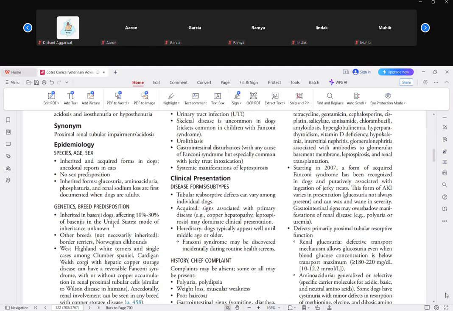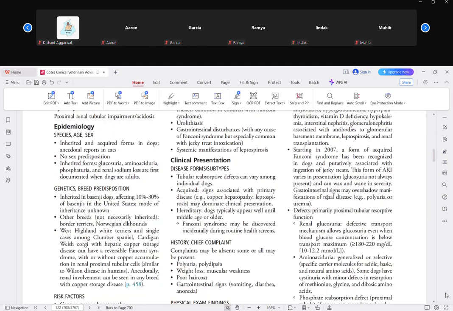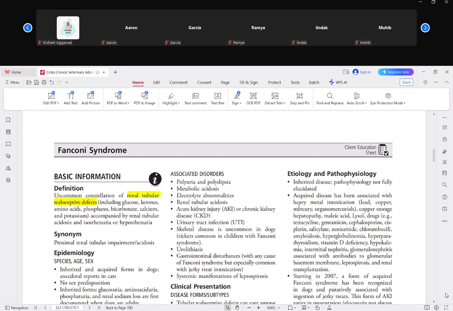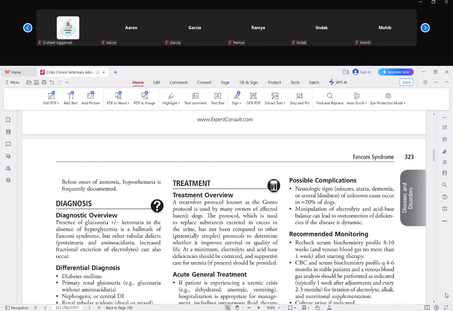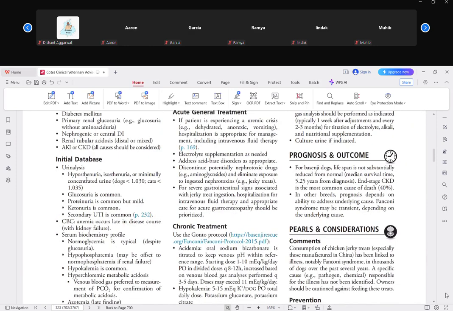Just remember how you diagnose it. You are going to find glucose in the urine, while the glucose value in the body is normal. Mostly you find urine glucose in diabetes mellitus, where high glucose in the body causes glucosuria.